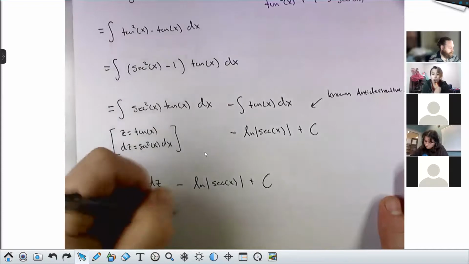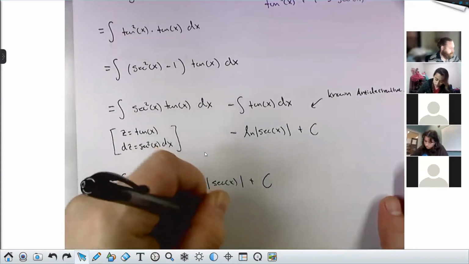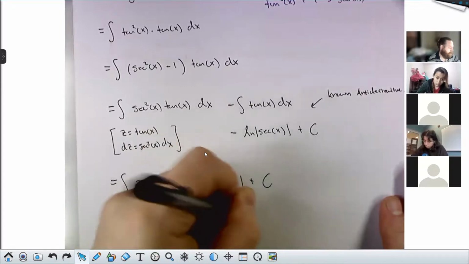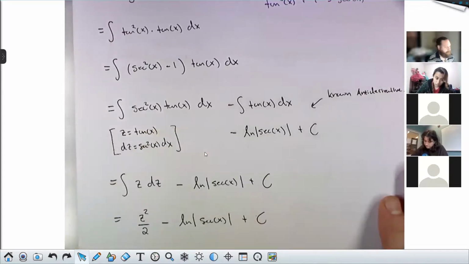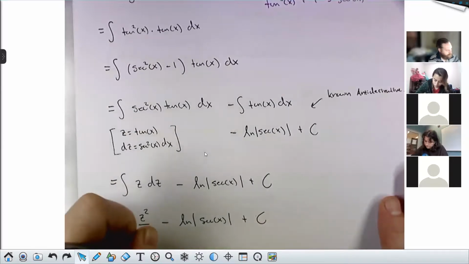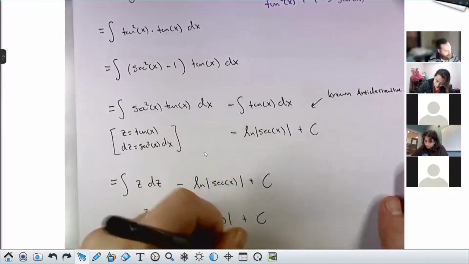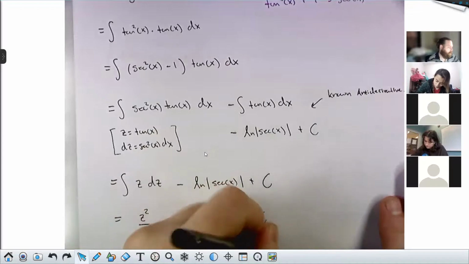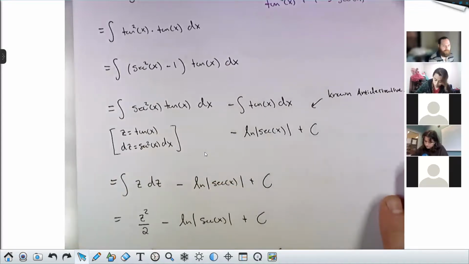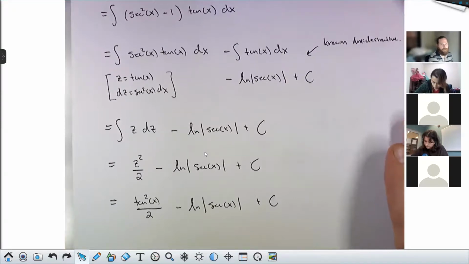I'm not going to write a separate plus c, minus the natural log of the absolute value of secant, constant, and that is tan squared x over 2, minus the natural log of the absolute value of secant x plus a constant. Not bad.